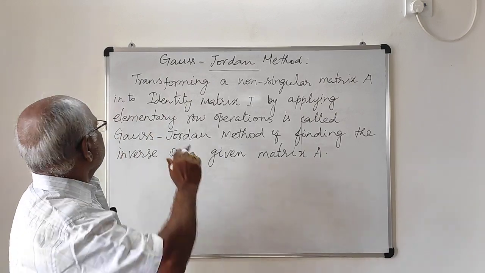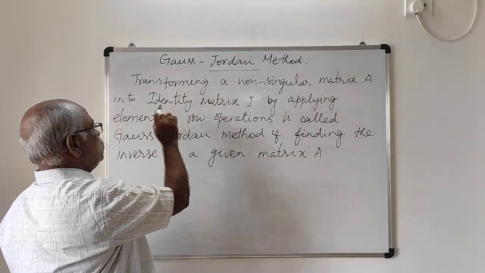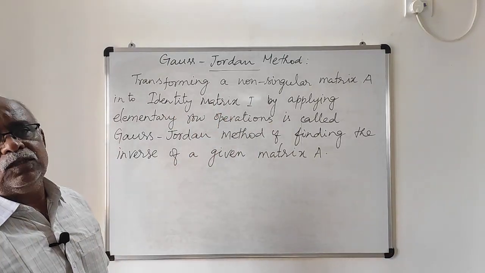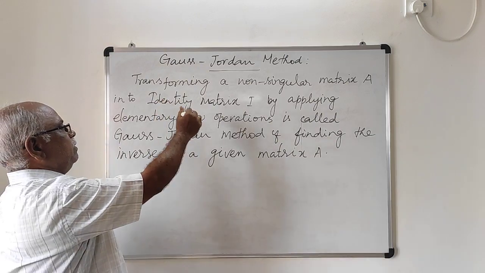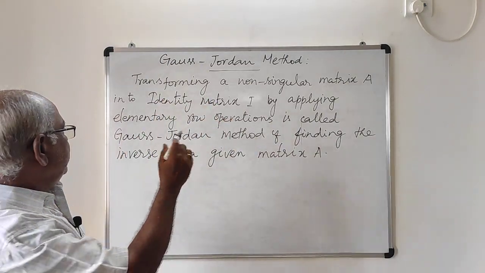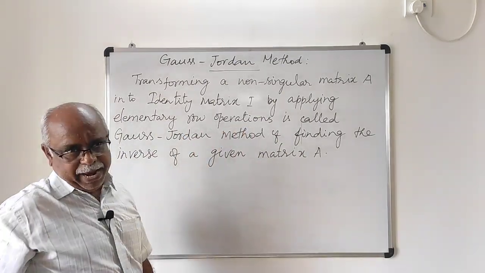Gauss-Jordan method means transforming a non-singular matrix A into the identity matrix. We have to transform the given square matrix A into the identity matrix by applying elementary row operations. That is called the Gauss-Jordan method of finding the inverse of the given matrix A.